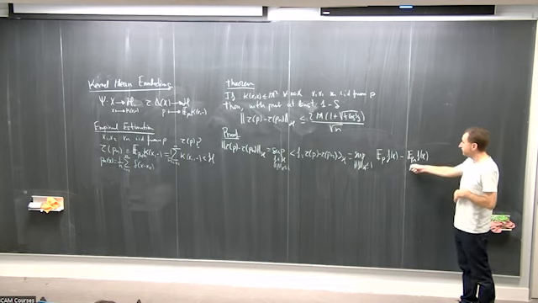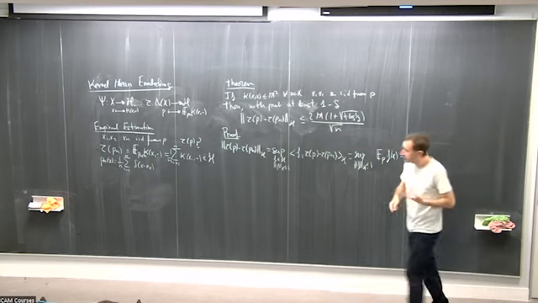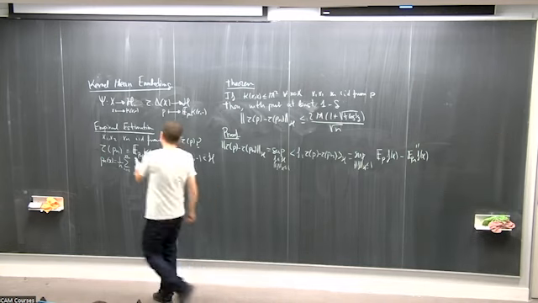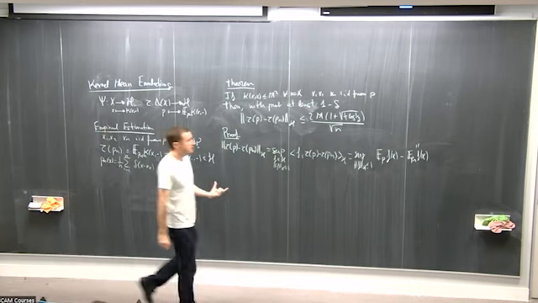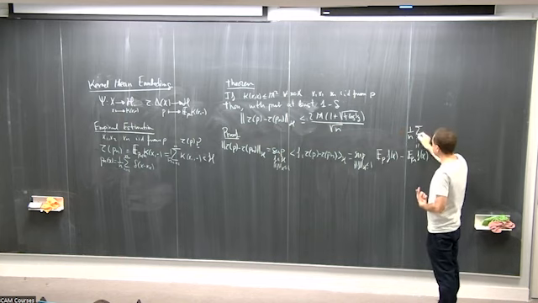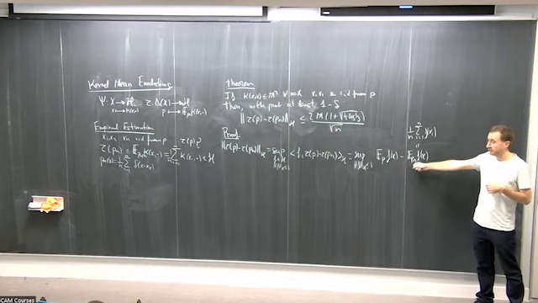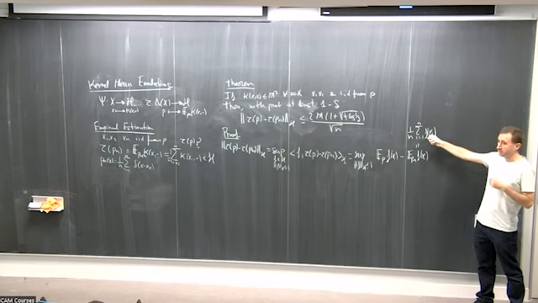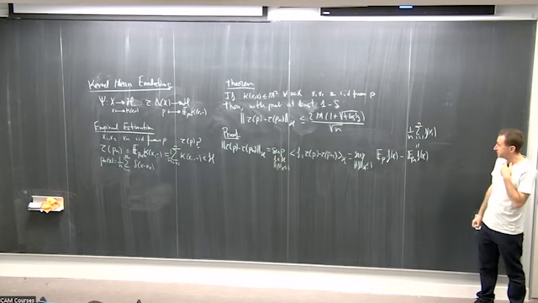Now, the expectation with respect to the empirical distribution is the same as doing sample averages. Again, the empirical distribution only puts probability on the samples that we have, and each one has probability 1 over n. So the expectation becomes this.